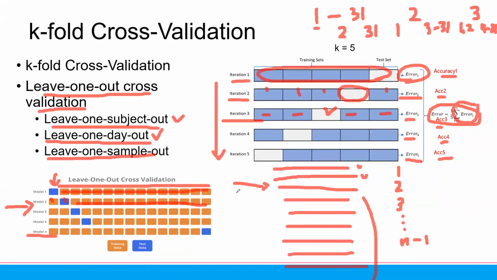So we can get the accuracy for every model generated. By using this k-fold cross-validation, at least we can avoid overfitting.